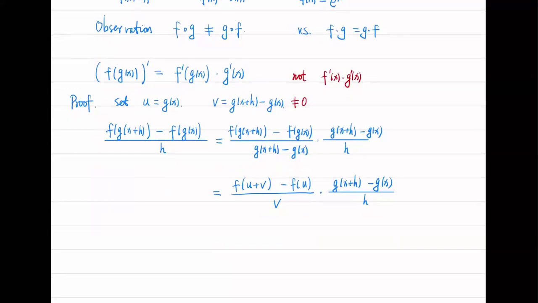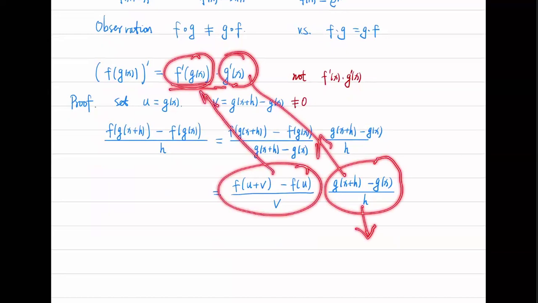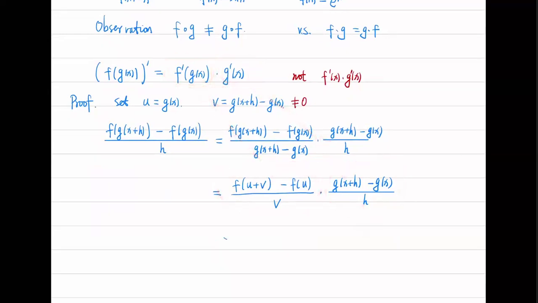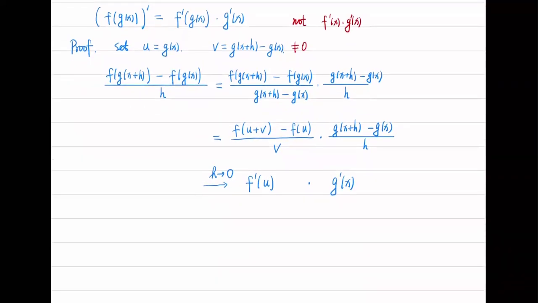So we assume that both of them are differentiable. They have derivatives. When h goes to 0, this converges to the derivative. When v goes to 0, this converges to the derivative. When we take the limit, we can switch back to this variable and eliminate the intermediate variable.